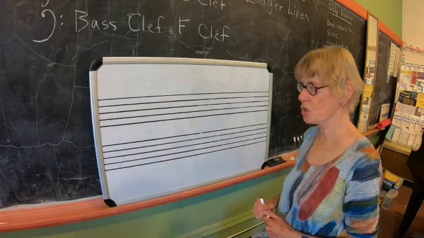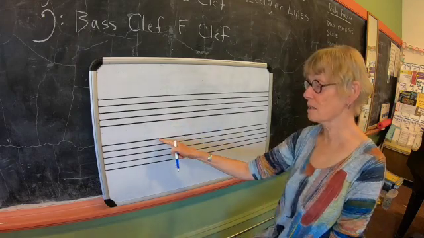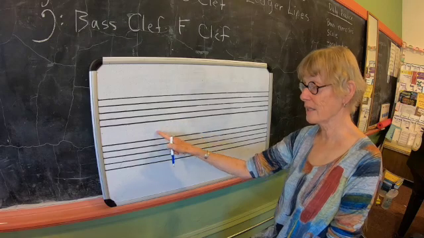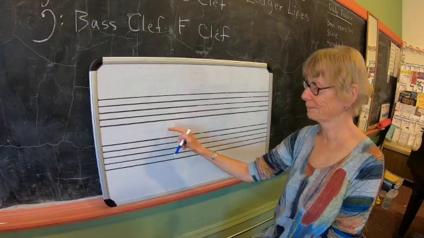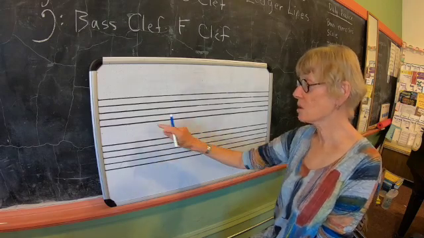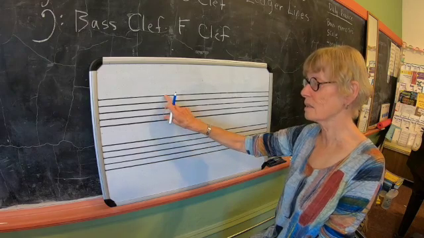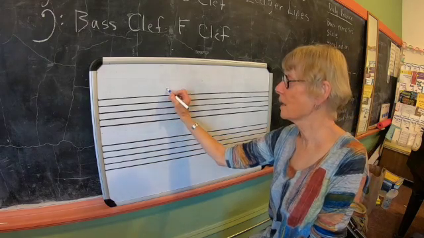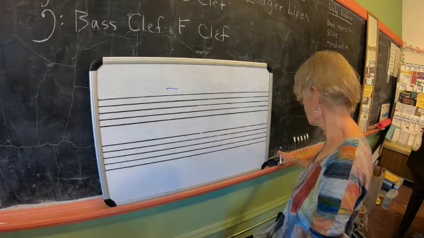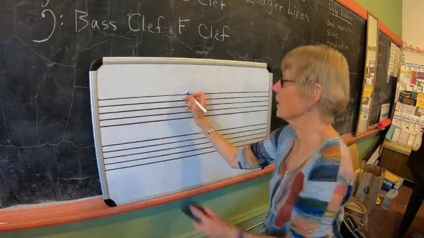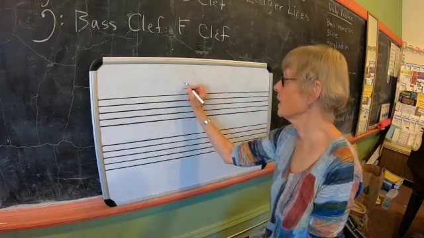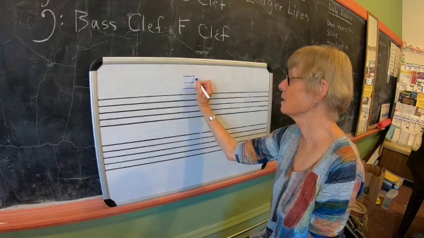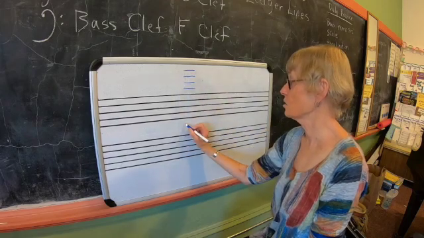Different publishers, this will be different sizes, but this represents one space. So what we have also, in addition to these lines and spaces, are additional lines and spaces, and notes read just the same.